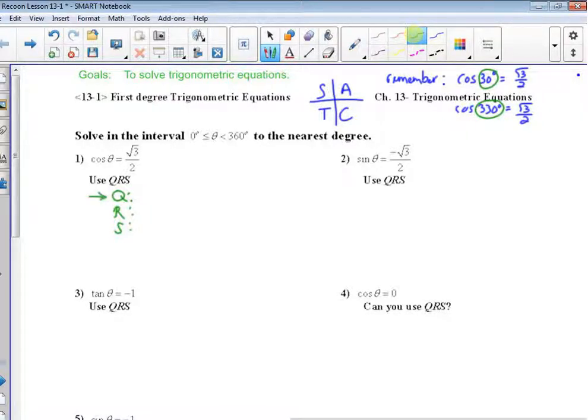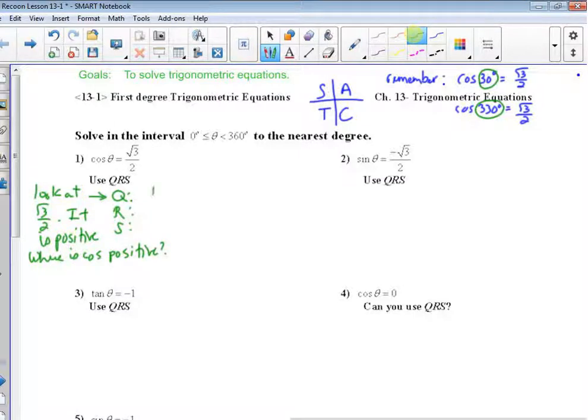So look at radical 3 over 2. It is positive. Where is cosine positive? That's what you should be doing for the quadrant.